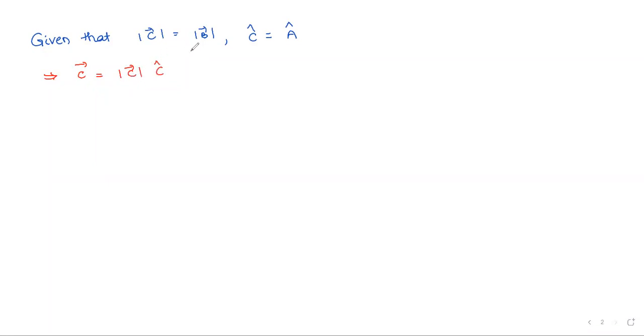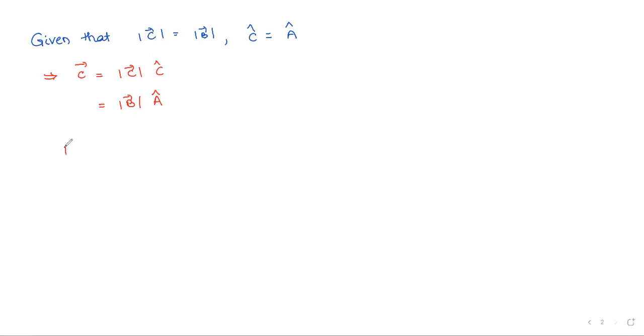Mod C bar is equal to mod B bar, he said in the question, and C cap he gave as A cap in the question. So if you are able to plug in the two things here, then it is very easy to get the answer. Sir, what are the things to be plugged in here, sir? One, mod B I require, A cap I require.